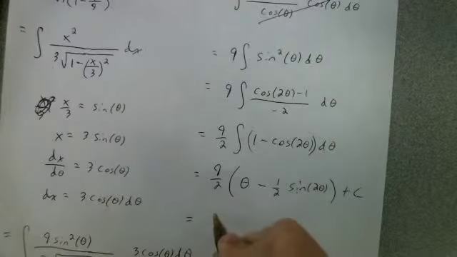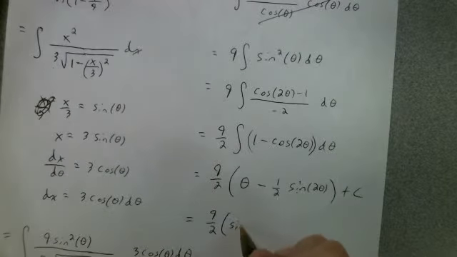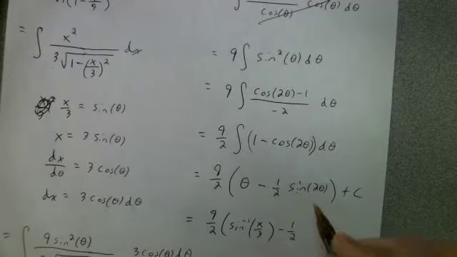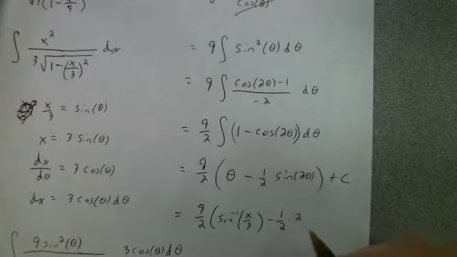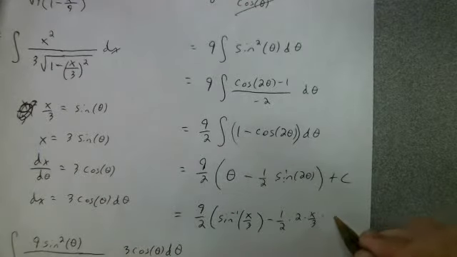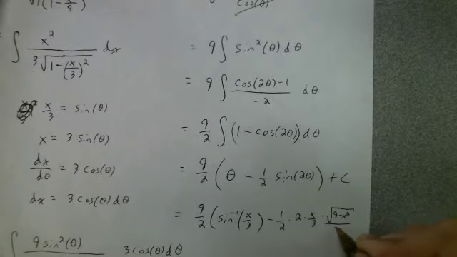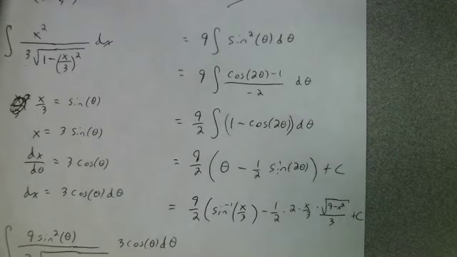Now I go back here, and theta is sine inverse of x over 3. Sine of 2 theta we said we could replace with 2 times x over 3 times root 9 minus x squared over 3. And then we have our plus c here. And we're done.